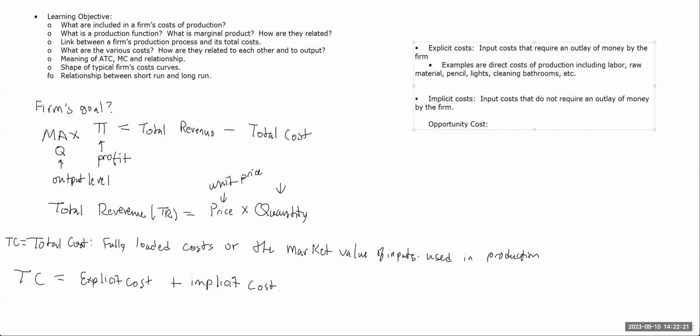Basically, it is the net benefit of an alternative use of the input. What do I mean by that? Let me explain this to you with the 3 types of capital. As I stated earlier, there are 3 types of capital.